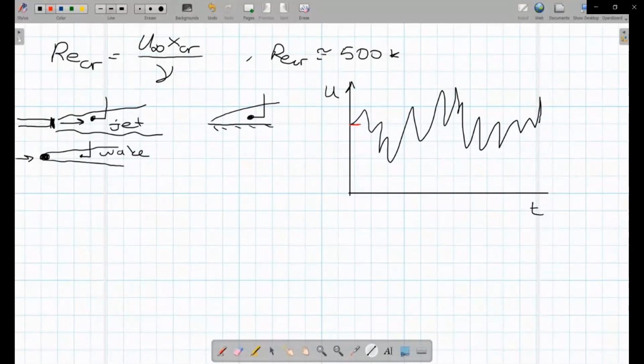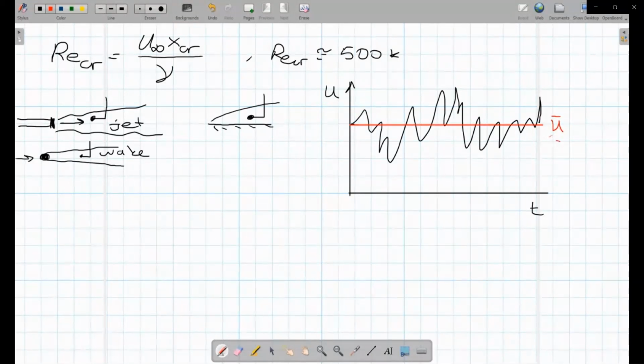If I have a variation like I just drew, this line is, for example, the statistical average of this velocity field. Meaning, if I collect all this time-varying signal, dump it into an Excel file and calculate the average, this is my average velocity, and I generally designate it with a U bar value.